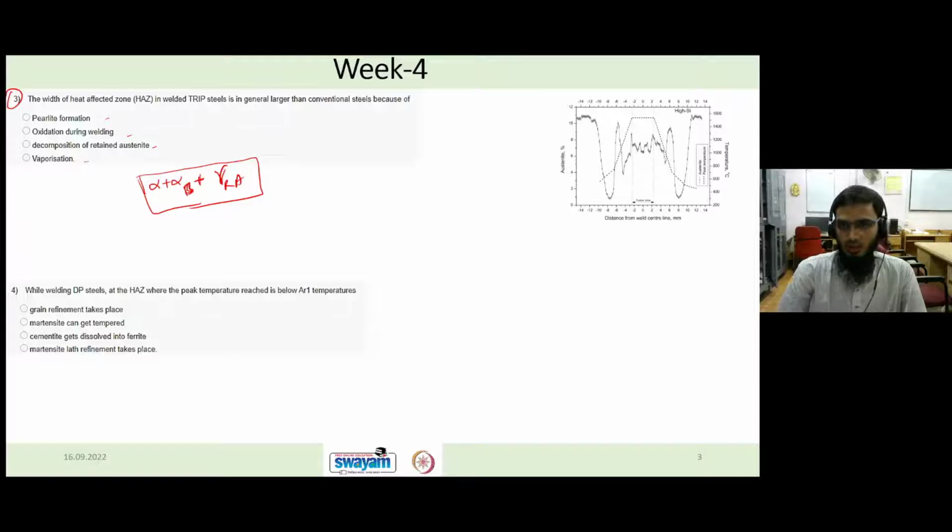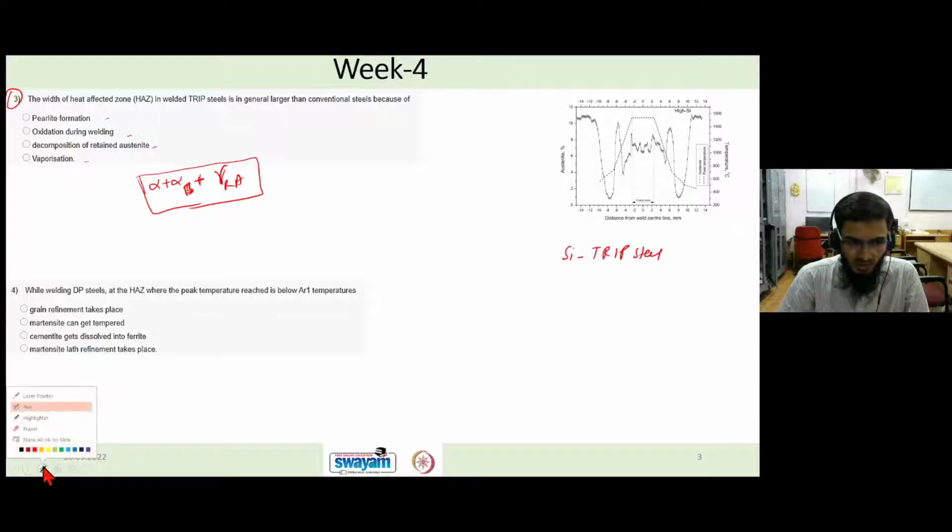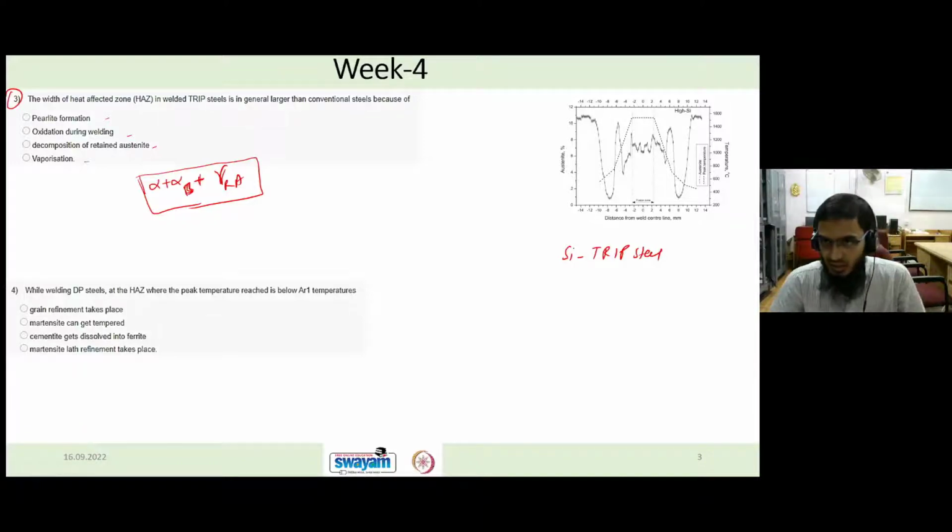So in the lecture itself, sir has shown this graph, which is basically for a silicon based strip steel. In this case, as you can see clearly, there are 2 graphs.